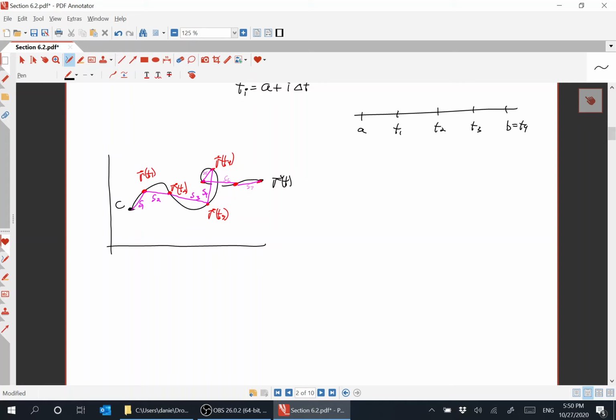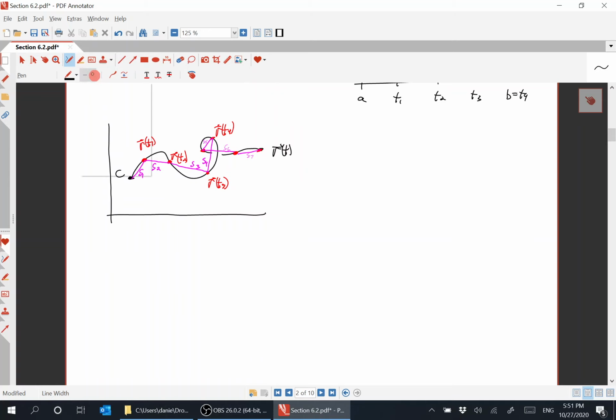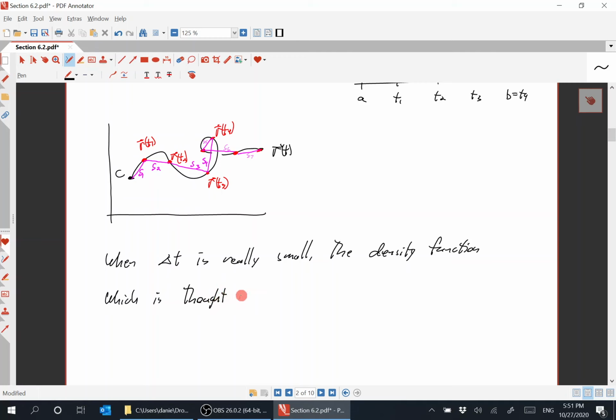So when the delta t is really small, the density function, which is continuous, won't vary much, and is relatively constant density f of r of t_i.